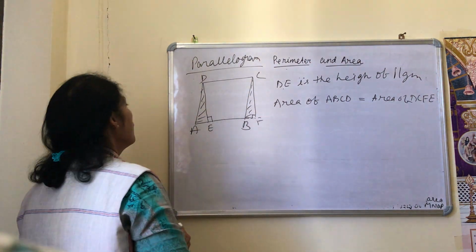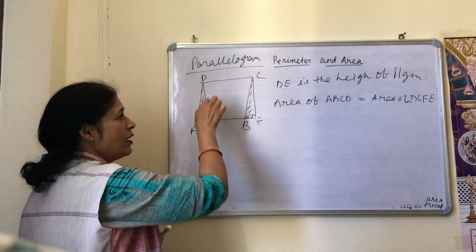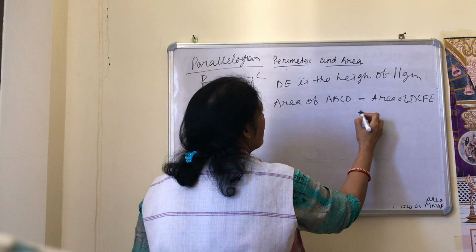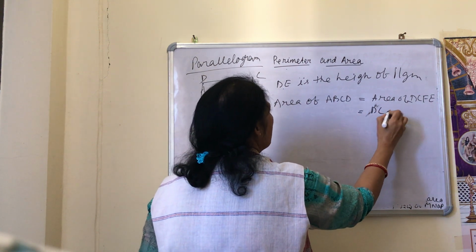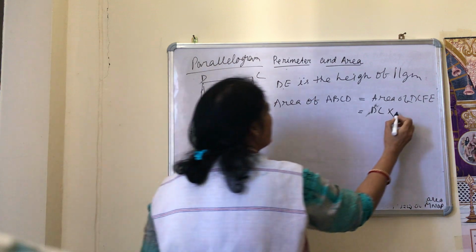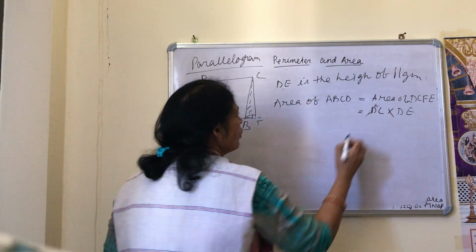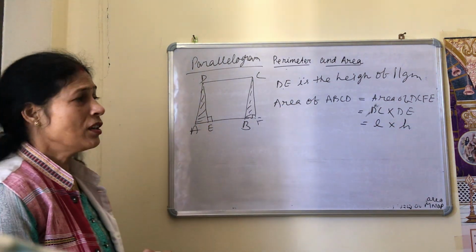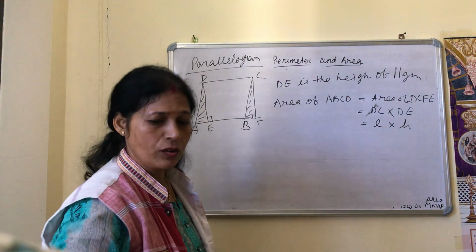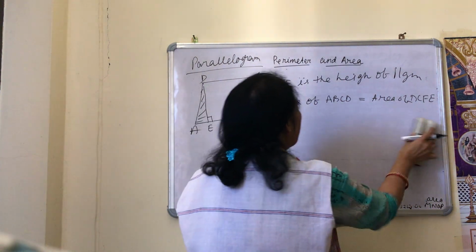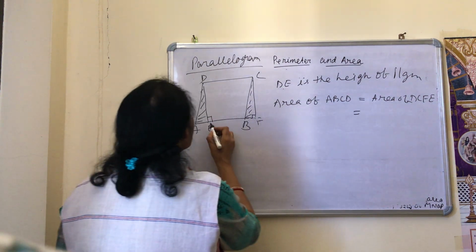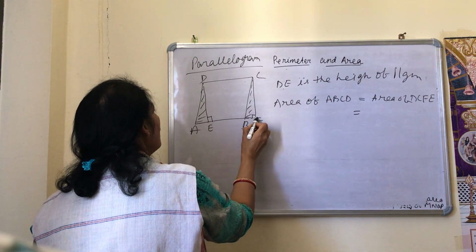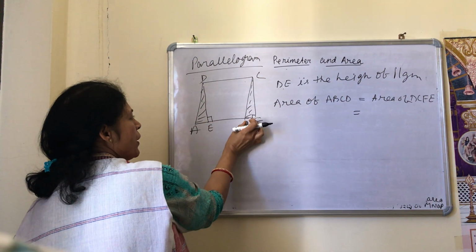Clear? So what is the area of the rectangle? Length into breadth. What is the length? DC into DE. So DC is the length, DE is the height. Better you write DC or EF, because AE is equal to BF.